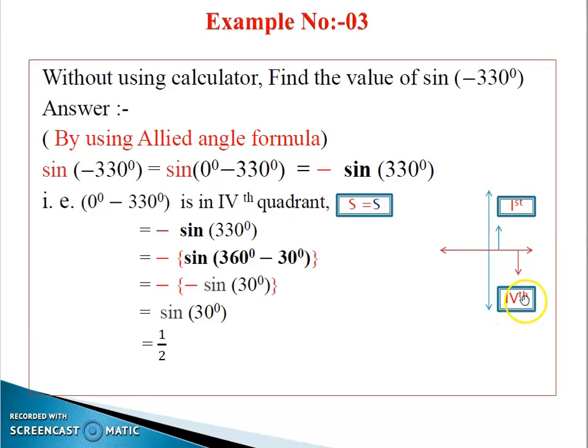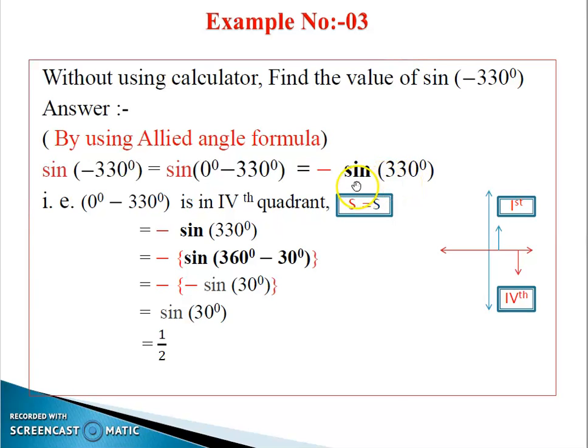In fourth quadrant, cos and sec are positive, remaining are negative. That means sine is negative, and below the x-axis we replace sine by sine, hence sine of 0 degree minus 330 degree is equal to minus sine 330 degree.